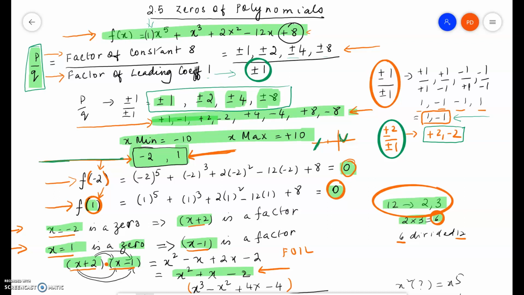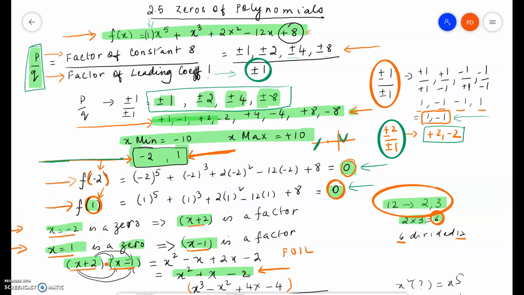So I plug in only these two values into the function because my graph tells me that the other 6 cannot be zeros of this polynomial function. So when I plug in negative 2 and positive 1, the value of the function at each of these numbers is 0. So the two rational zeros that I've identified are negative 2 and 1.